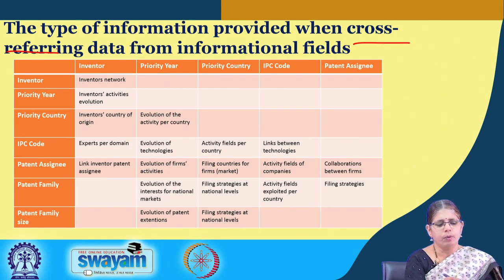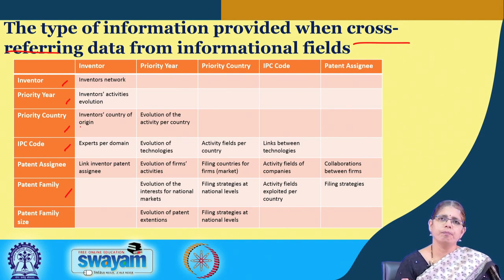So, one can go for inventor, priority year, priority country, patent family, IPC code, assignee. Each of these will provide for a cross reference. So, one can draw a grid like this and identify what type of cross-referencing information is useful in relation to a particular landscape.